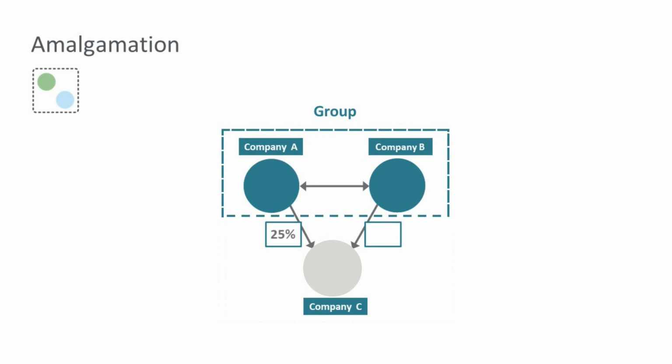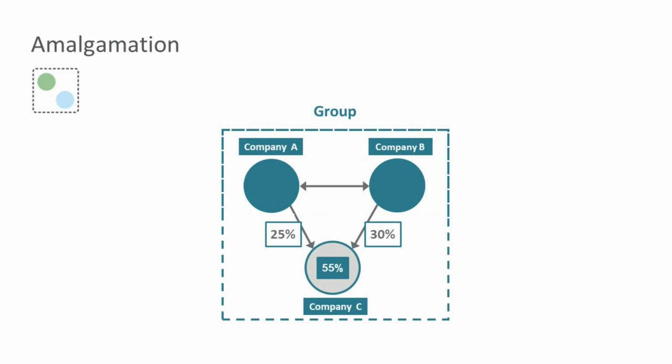In addition, Company A has a 25% interest in Company C and Company B has a 30% interest in Company C. Together, Company A and Company B have a controlling interest of 55% in Company C. Therefore, the three companies form a larger payroll tax group.